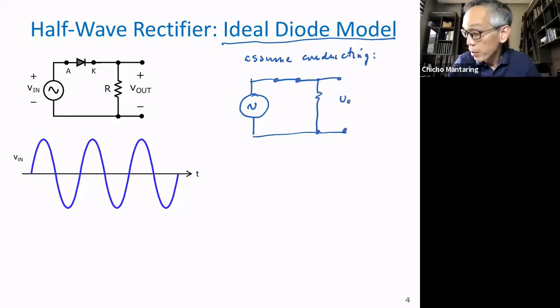Okay, so this is V out. This is R. And this is the shape of V in. Okay. Notice that during the positive half cycle, so we can classify the input voltage in terms of half cycles. This is one complete cycle. This is one cycle.